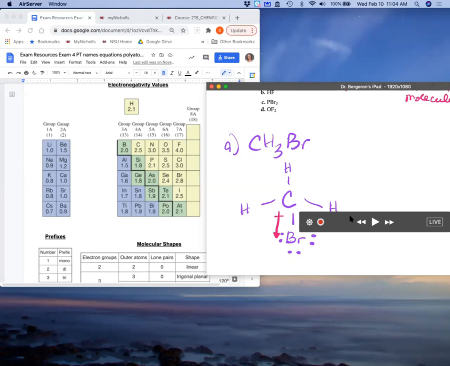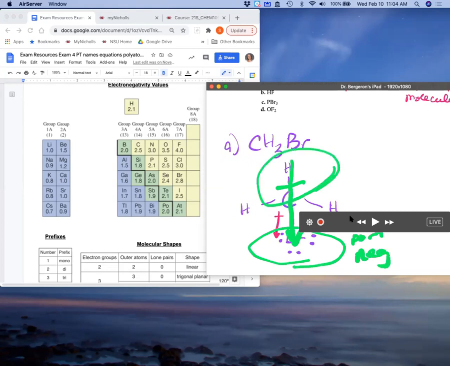And so we have an overall dipole moment, do kind of a bigger arrow, that goes in this direction, right? And so that's our big overall dipole for the whole molecule, because this area tends to be partially negative, and this area tends to be partially positive. And that's what a polar molecule is. Okay, so let's go back and do B, HF.